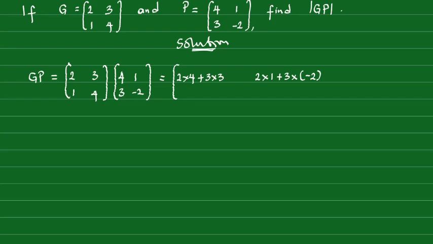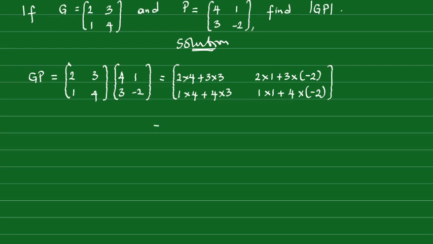Move down, so we have 1 times 4 plus 4 times 3. And lastly, we have 1 times 1 plus 4 times bracket open minus 2, bracket close.